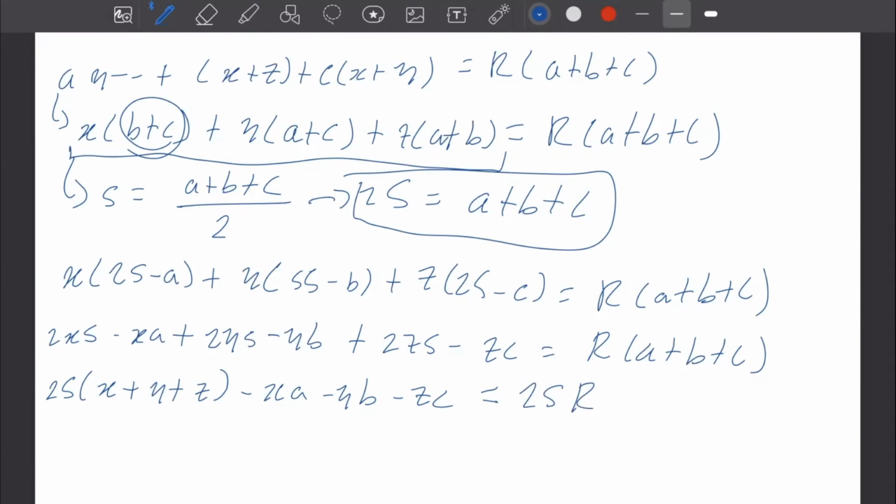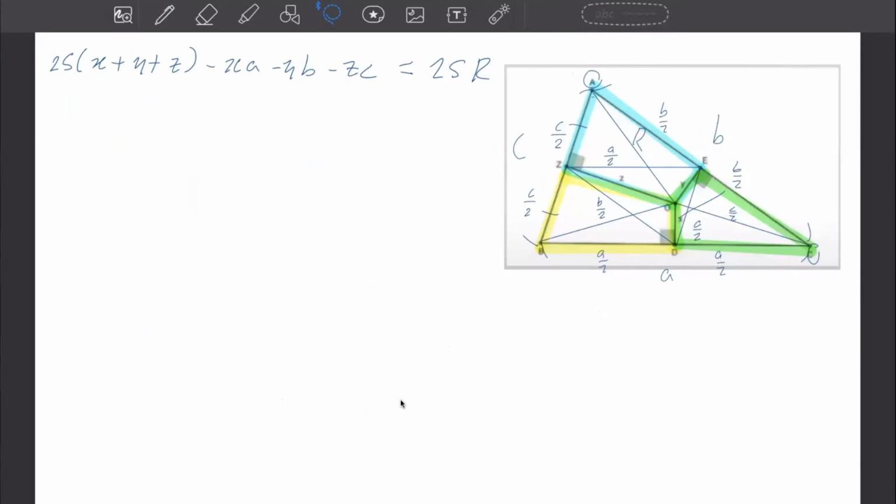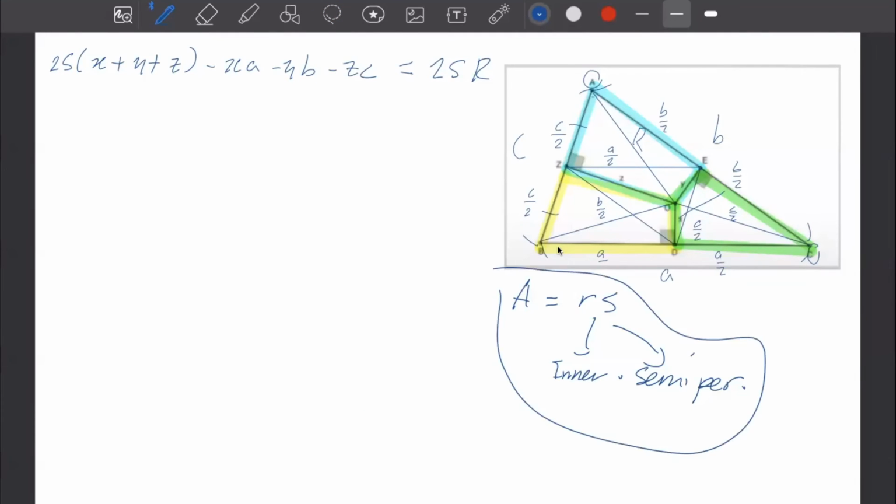Okay, now we're here. Let's go farther with another equation. Now, at this point, we're going to use another theorem we know, which is the area of a triangle. Now we're going to use this equation, which is area equals inner radius times semi-perimeter.